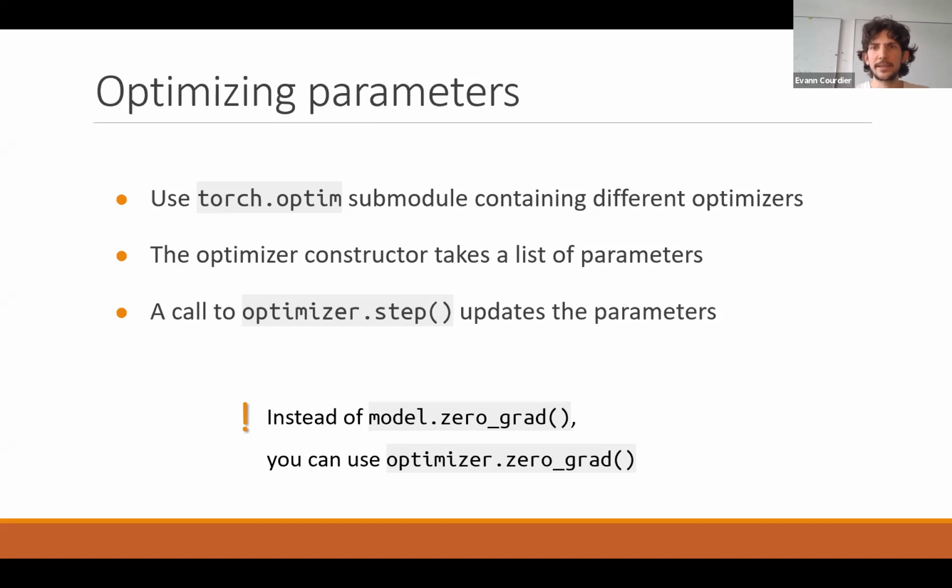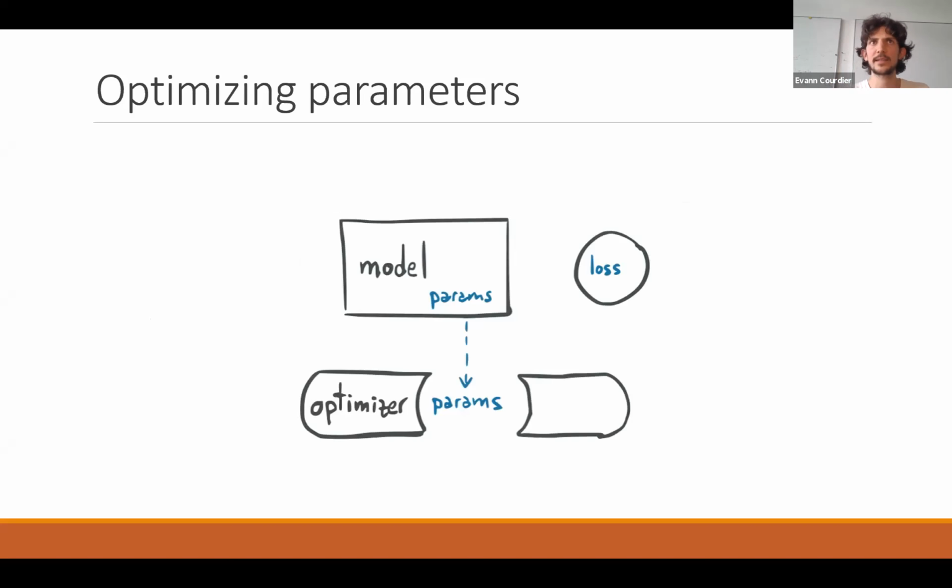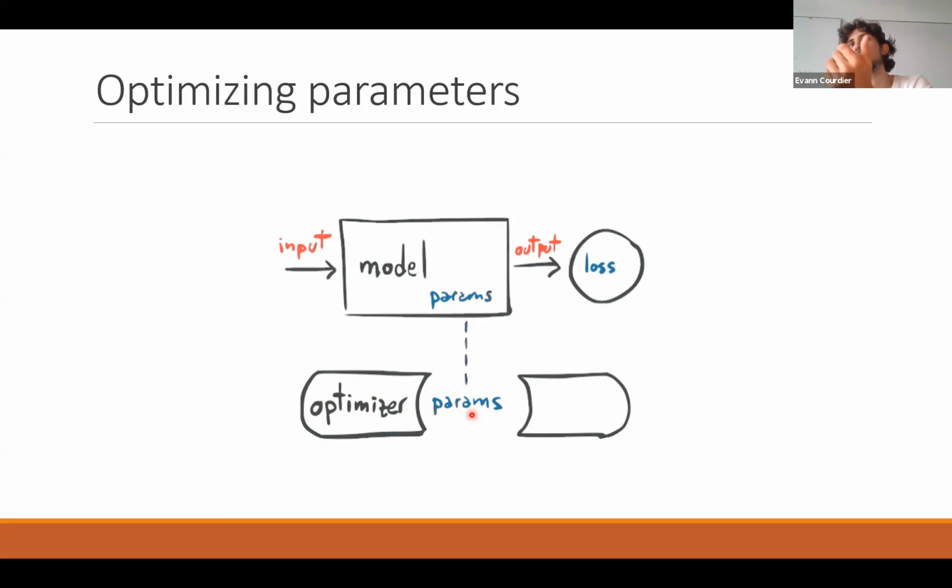So maybe to make it a bit more concrete, let's have a quick drawing. You have a model, and you can instantiate an optimizer, giving to this optimizer the parameters of this model. Then you will compute the output corresponding to the given input, which will give you a loss.